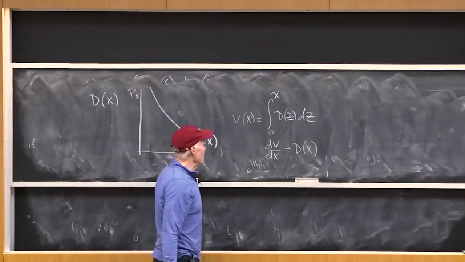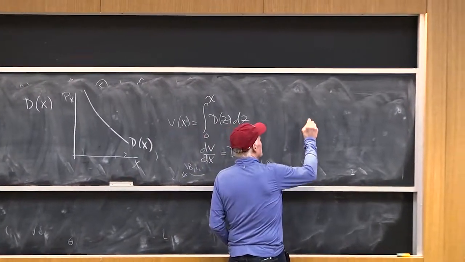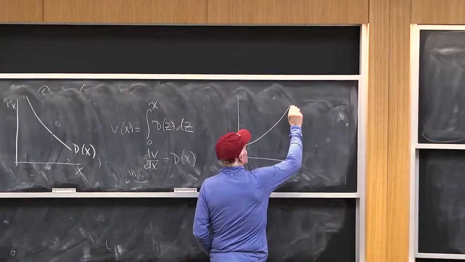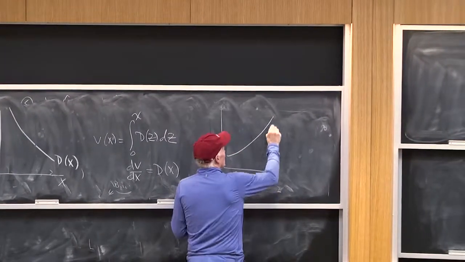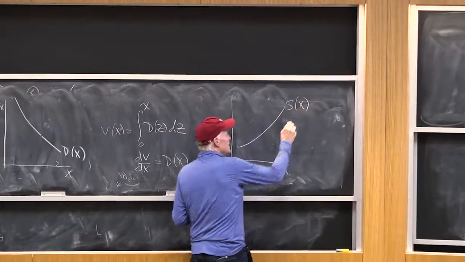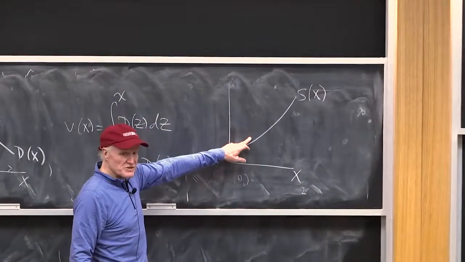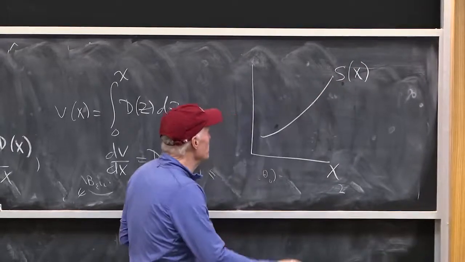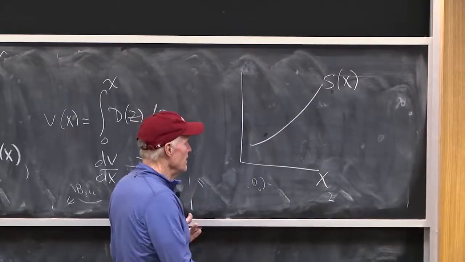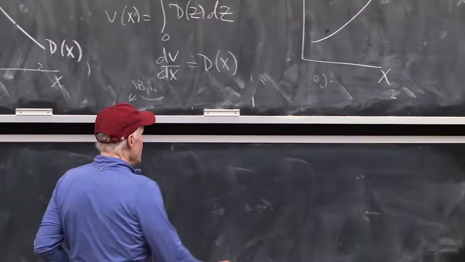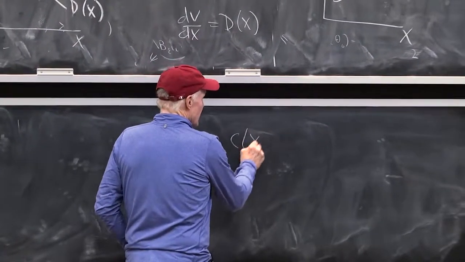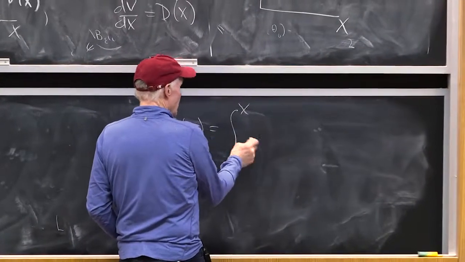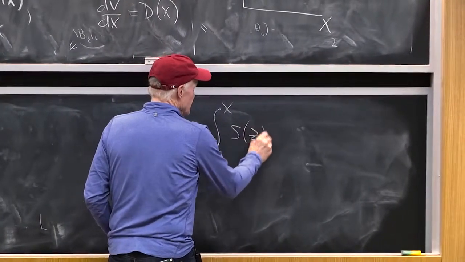Similarly, on the cost side, if you had a supply function with the height of the supply curve, here's some argument x, call this supply function s of x. So again, it's the height of the supply function. It's an inverse supply function, actually. It's telling us the height of the curve at any given point x. Then we could define c of x equals the integral from 0 to x of s of z dz.